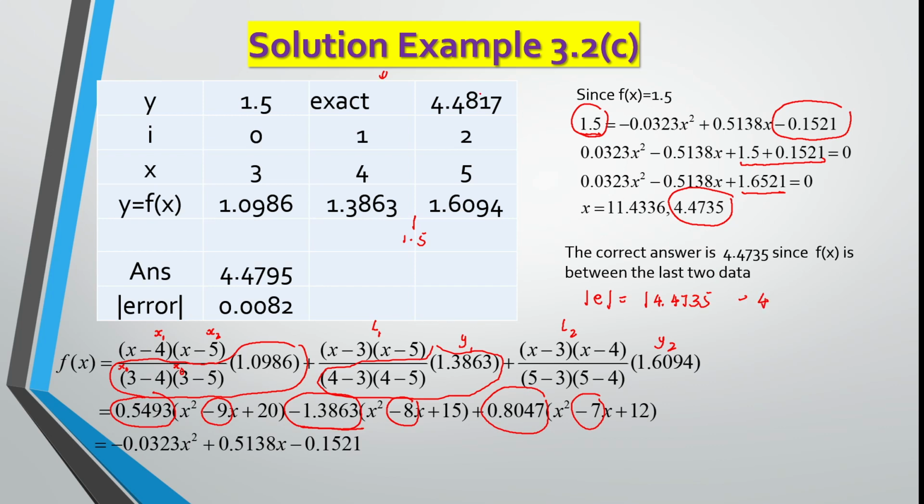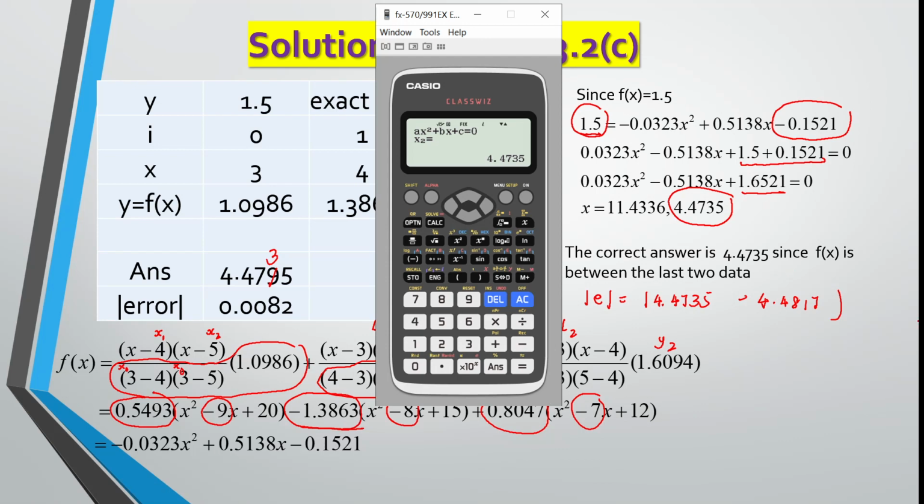The exact is actually exponent 1.5. Then we get the absolute error. I think I got here not 95, this one 35. Let me calculate again on my calculator.